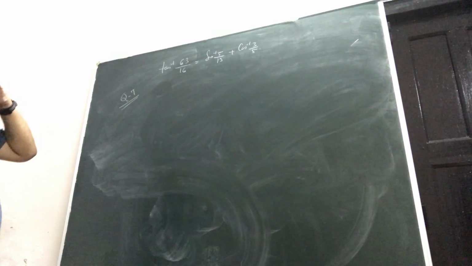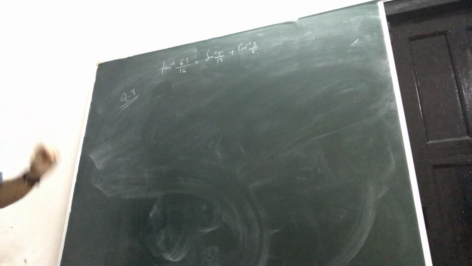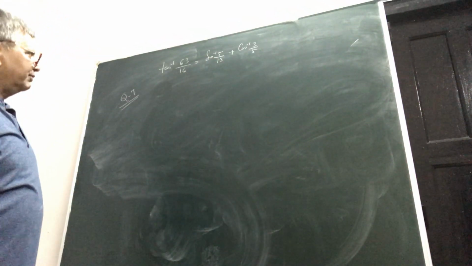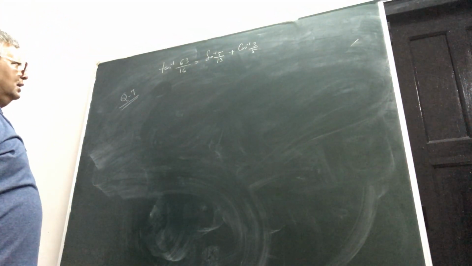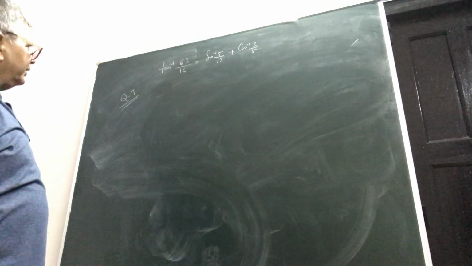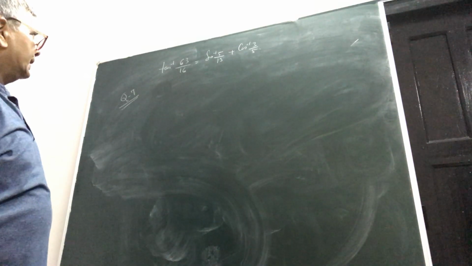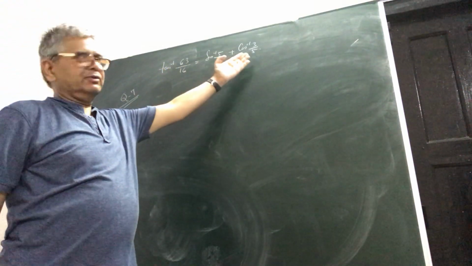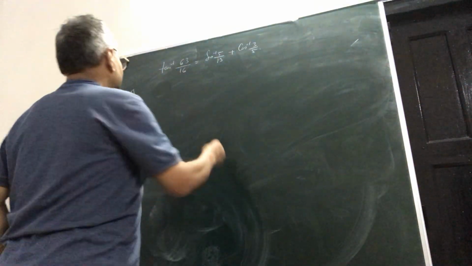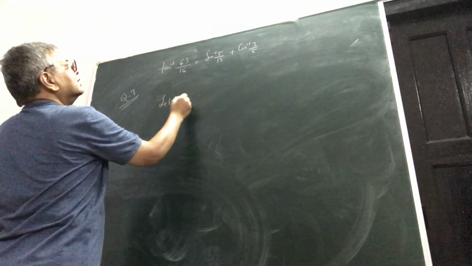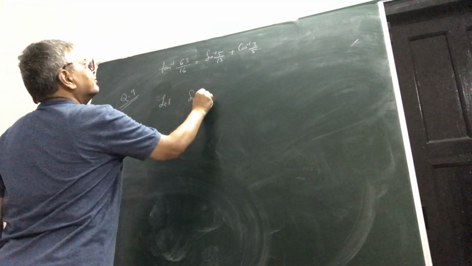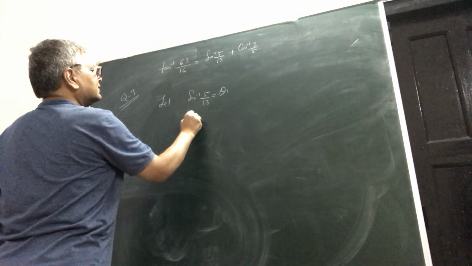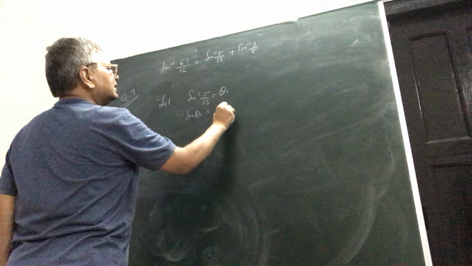So what can you do here? Sine inverse 5 by 13 is given, and the point is that somehow we have to convert these values in terms of tan. So how can we do it? Simple. Let sine inverse 5 by 13 equal theta 1. This implies sine theta 1 is equal to 5 by 13.